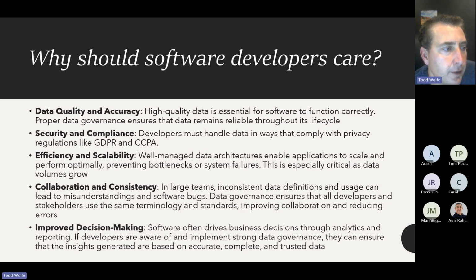From an efficiency and scalability standpoint, well-managed data architectures enable applications to scale and perform optimally, preventing bottlenecks or system failures, especially critical as data volumes grow.